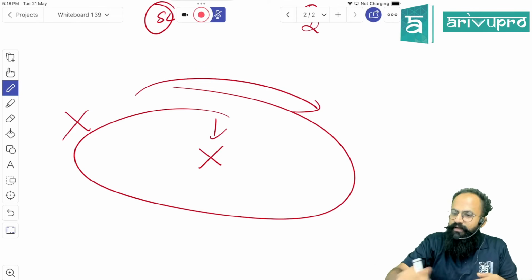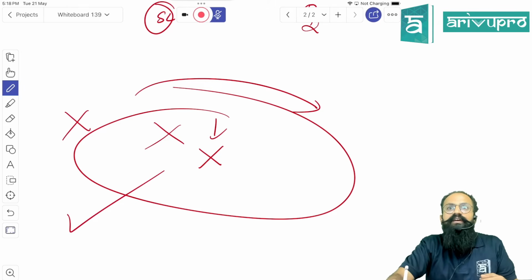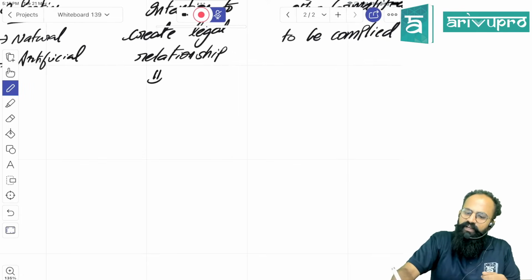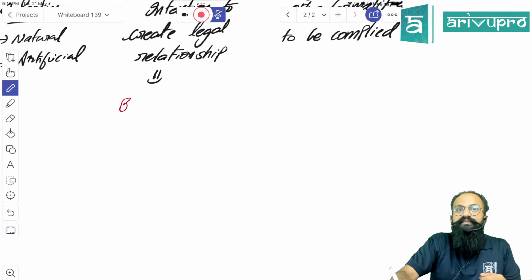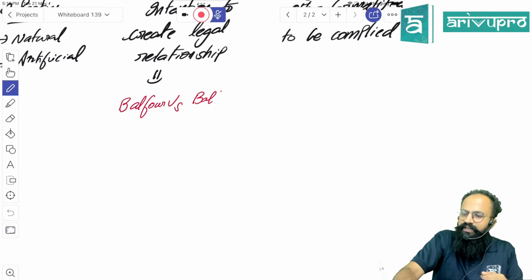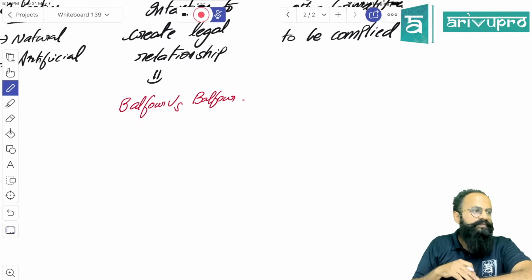Because of that, the wife lost the case, the husband won the case, and this case is called, write down, Balfour versus Balfour. English people will start coming now. Balfour versus Balfour.